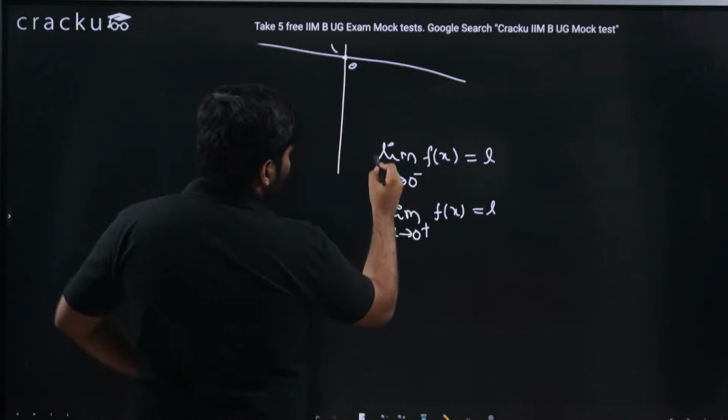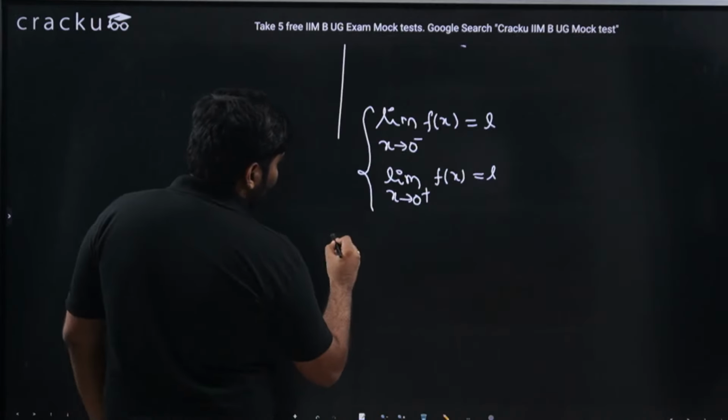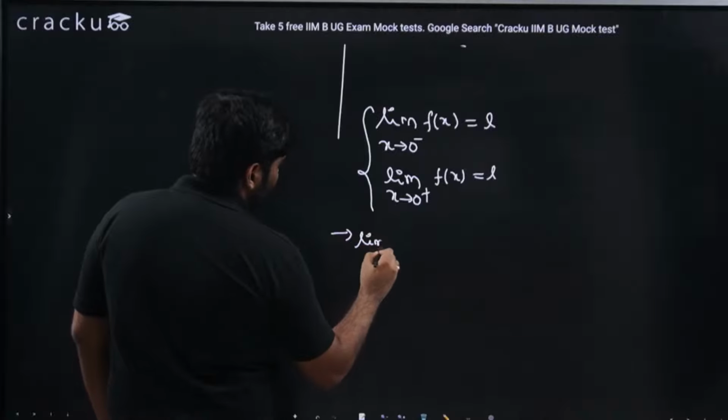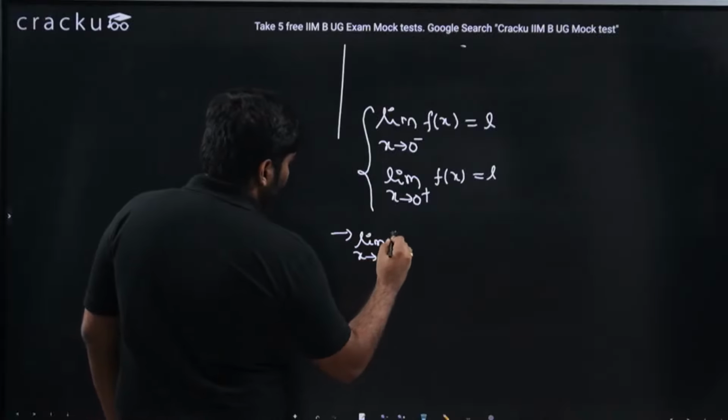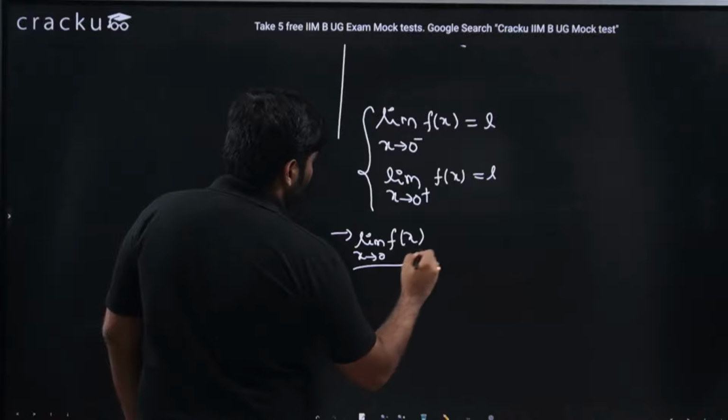So now we can say this limit exists. Limit x tends to 0 f of x does exist now.